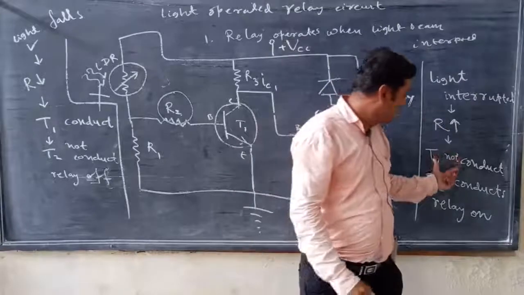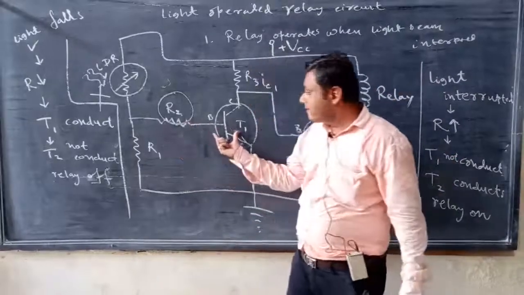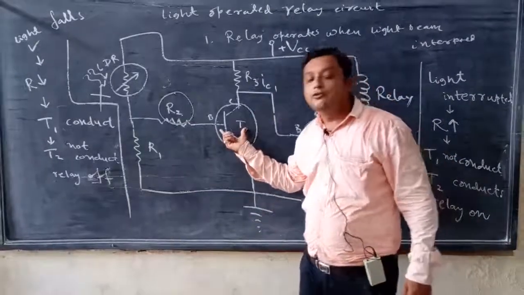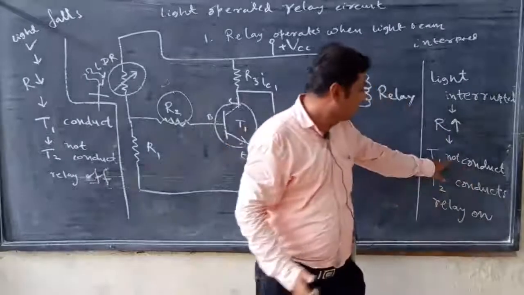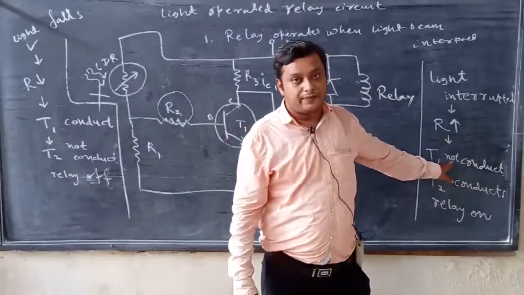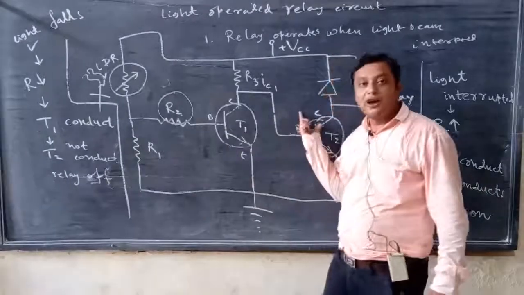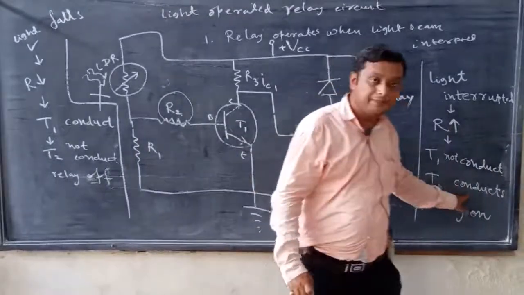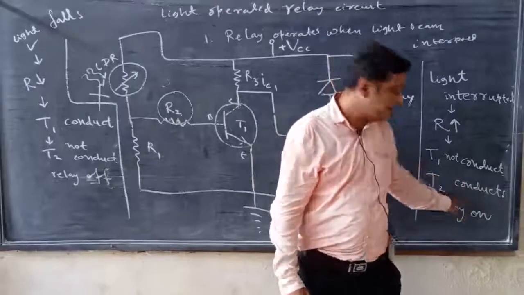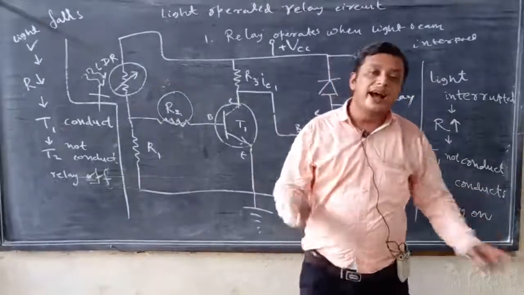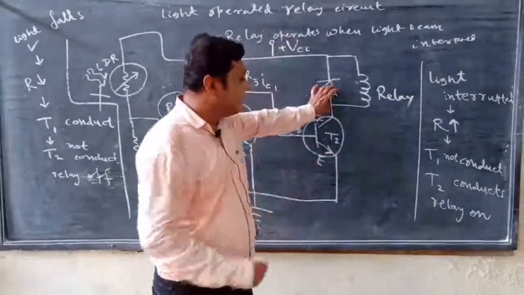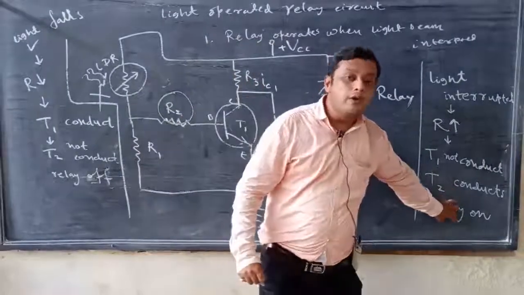So what happens? The T1 transistor is found to be in a cut-off state, meaning it will not conduct. So the T2 transistor is found to be in a saturation state, or T2 conducts, and ultimately this relay is found to be in an on state.